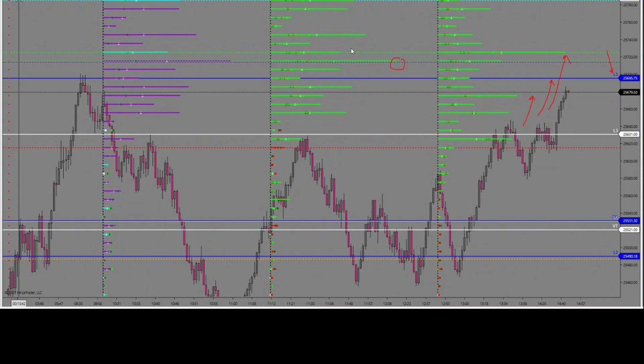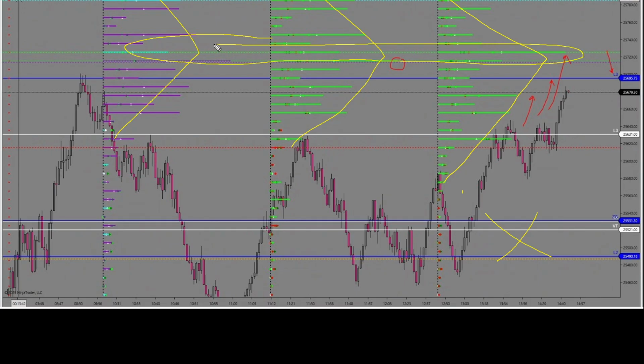For that reason, I call this the magnet. For me, this is the magnet for the day. Also we see here on the downside, we don't see any big negative gamma. This is an imbalance. Remember, we want to see first the imbalance. I don't see big negative bars here, but we see a big histogram for positive call gamma. In this case, you have to take advantage of this, try to go long, and get out of your position at the big bar.